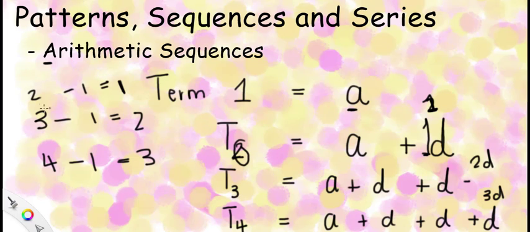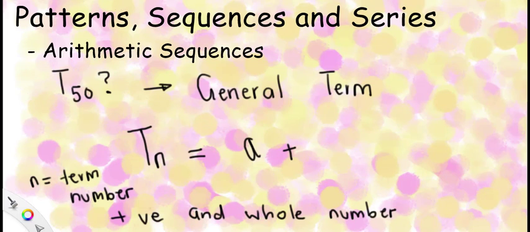So the relationship between N and D seems to be like this: you have N minus 1 times D. And what we have right here after this derivation is the general term of an arithmetic sequence.